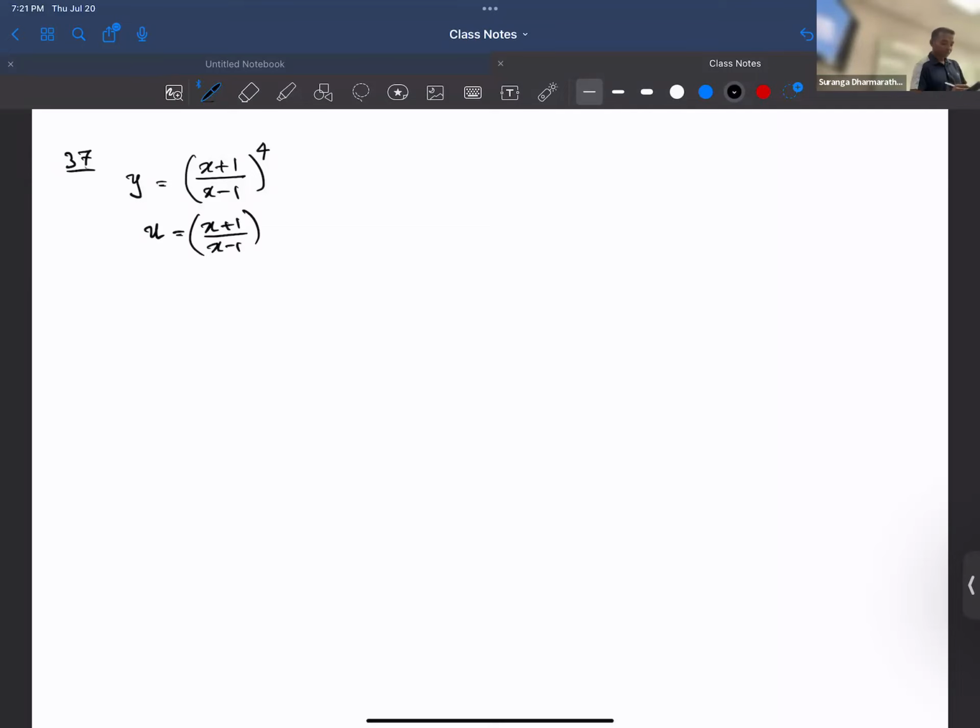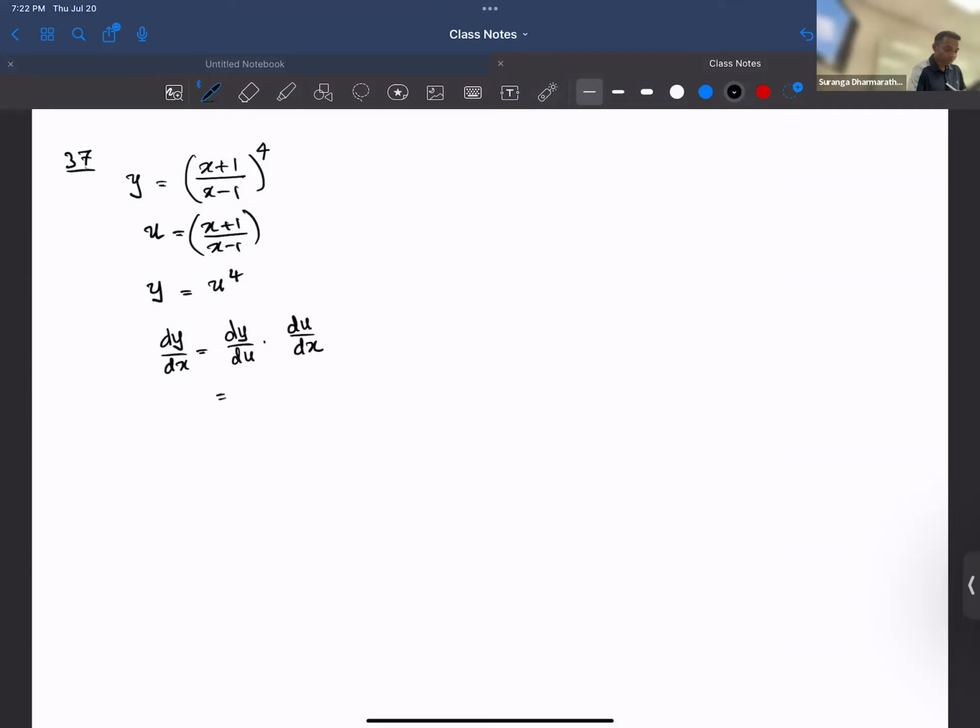So y is equal to u to the power 4. Now I'm going to use dy over dx, and I'm going to apply the chain rule here. Dy over dx is equal to dy over du times du over dx.